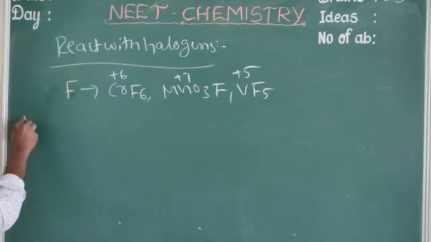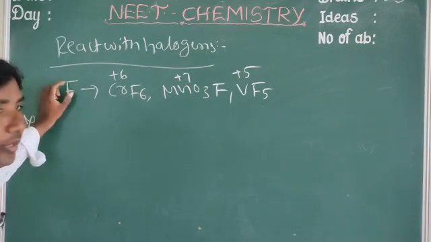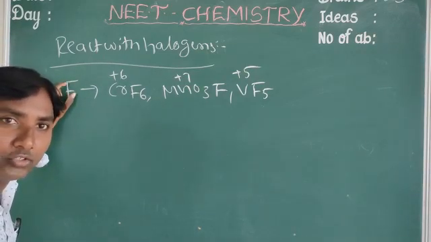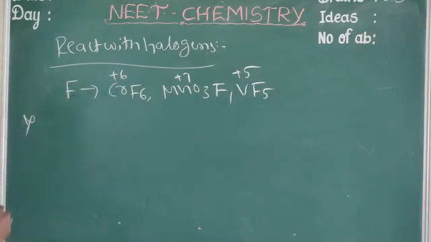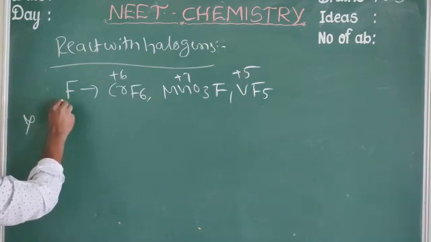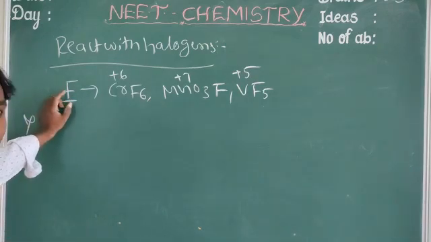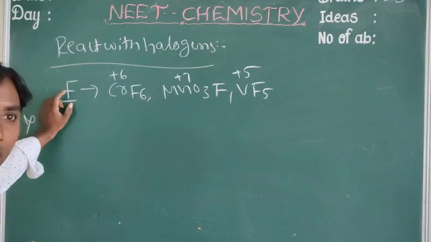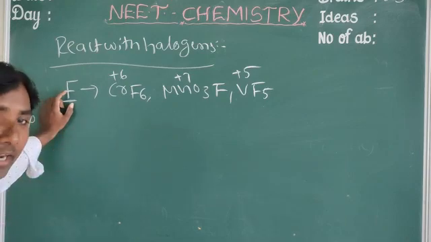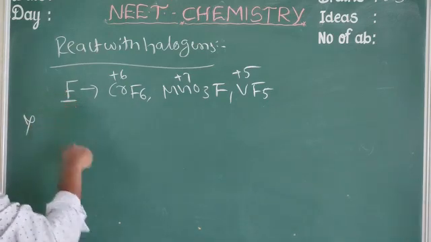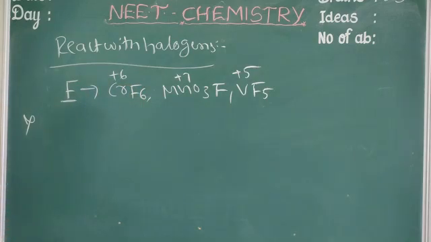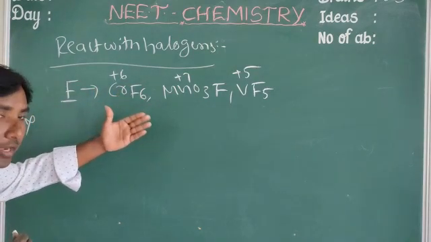Another reason fluorine forms higher oxidation states may be high lattice energy, because fluorine is small in atomic size. Lattice energy is inversely proportional to radius. Small atomic size means more lattice energy. So fluorine forms higher oxidation states with transition elements.